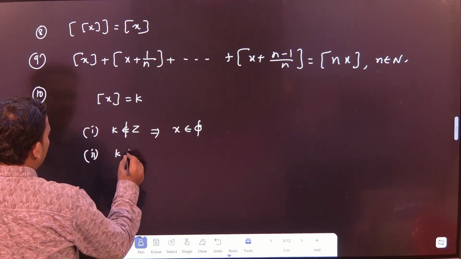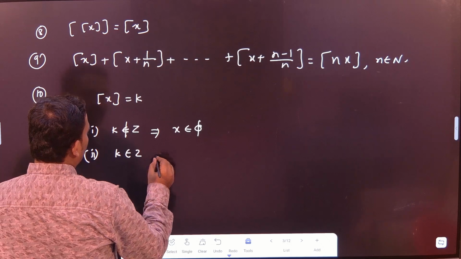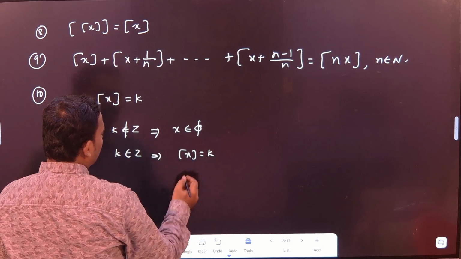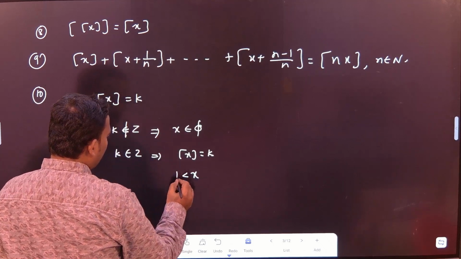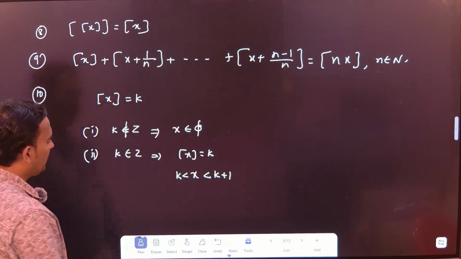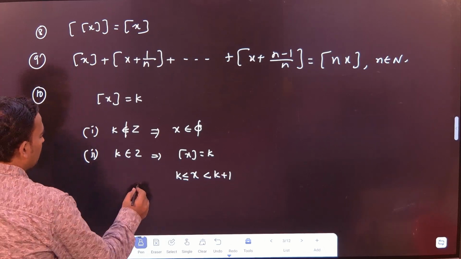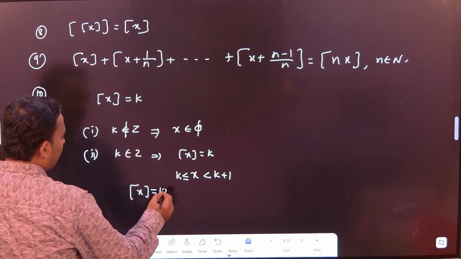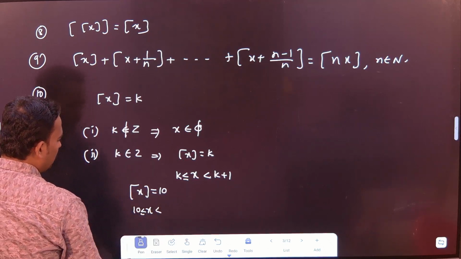Suppose k belongs to integers, and the greatest integer function of x is equal to k. Then x should be from k to k plus 1, where k is included. Clear? For example, the greatest integer function of x is equal to 10.